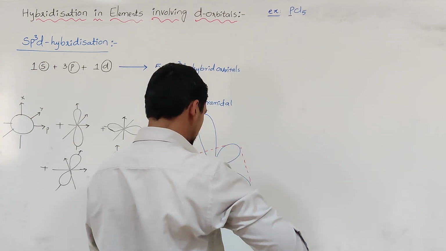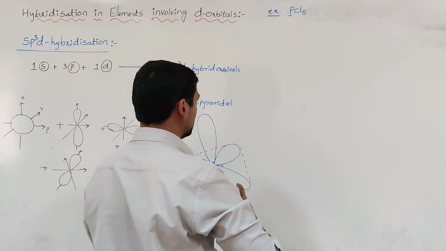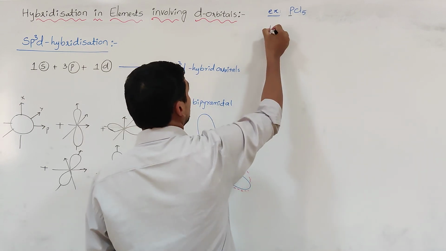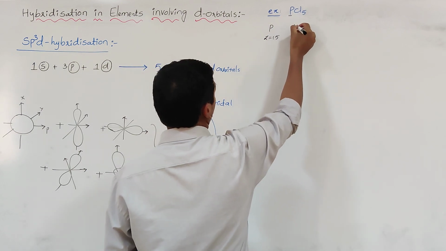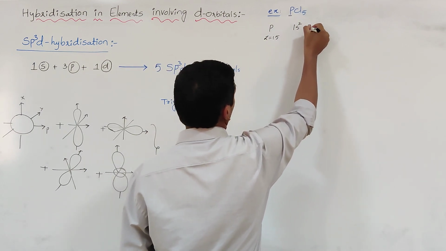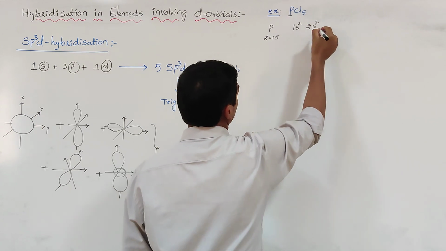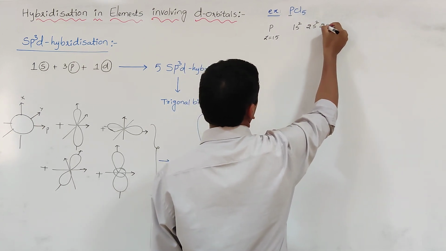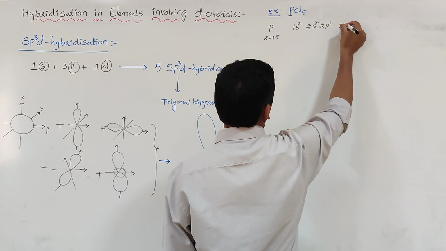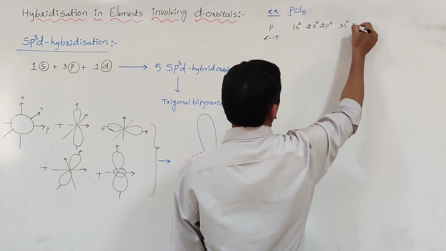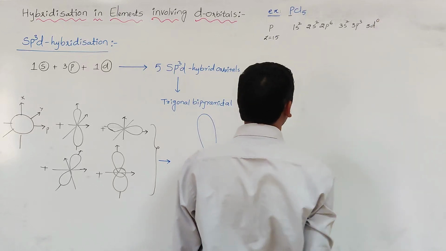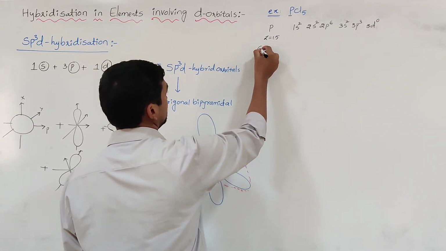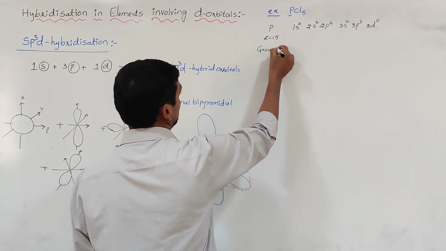Now the phosphorus electronic configuration, you know, Z is equal to 15: 1s2, 2s2, 2p6, 3s2, 3p3 and 3d0. This is the ground state electronic configuration.